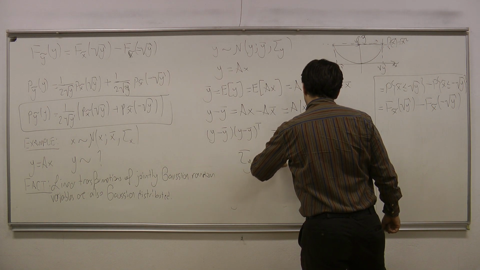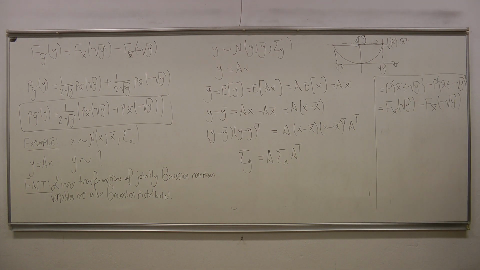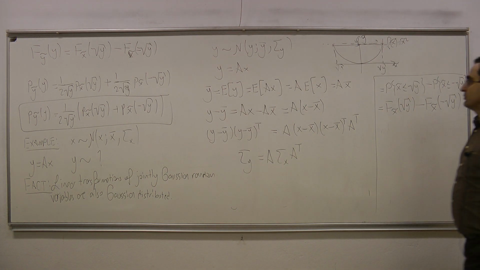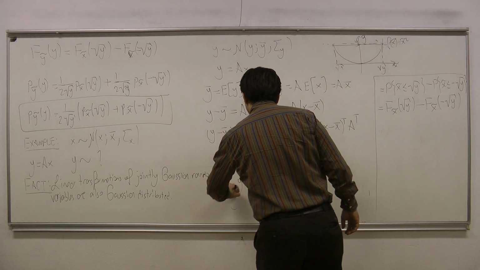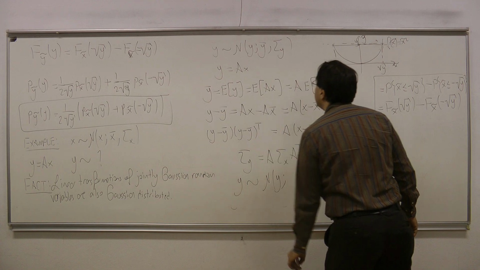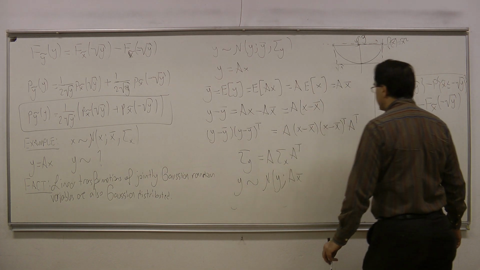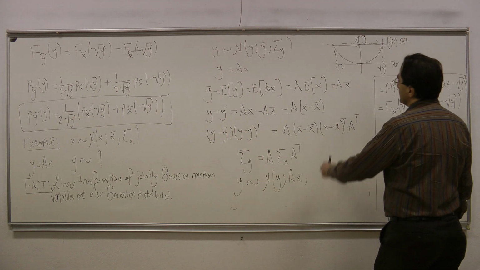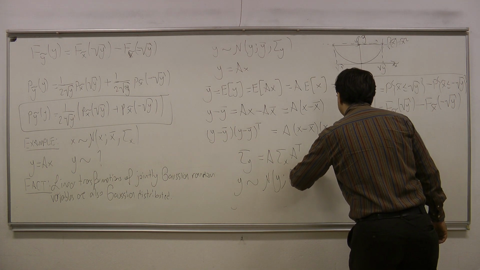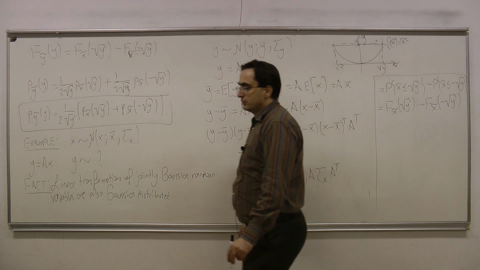So this is A sigma x A transpose. So now I have calculated the distribution of y. It is going to be a normal distribution in y, where the mean is A times the mean of x, and the covariance is A times covariance of x times A transpose.